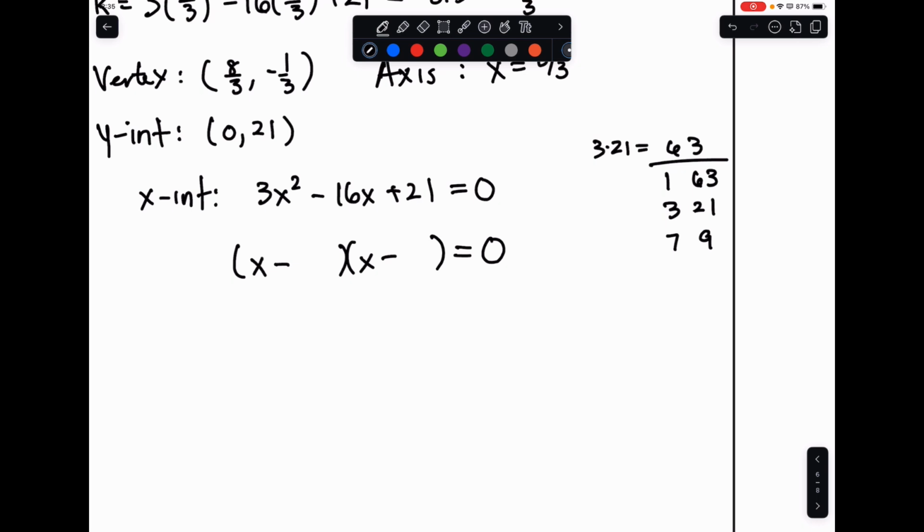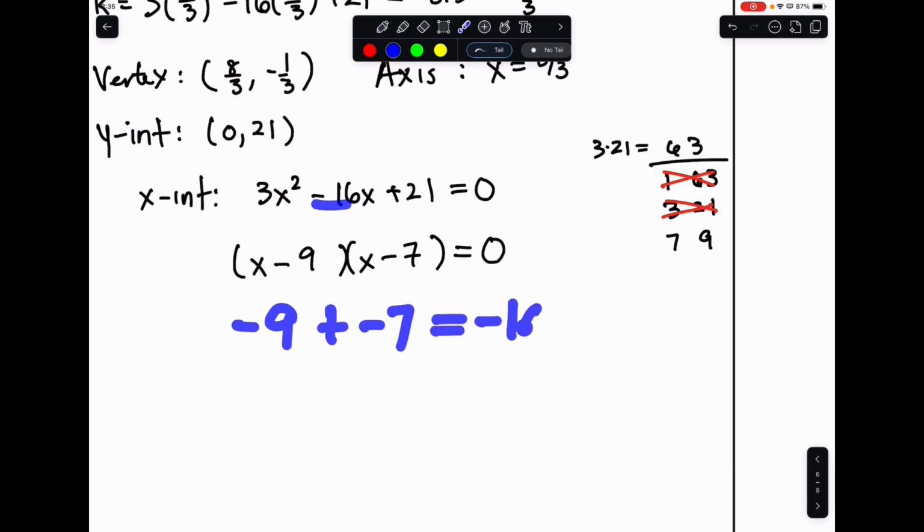From that list, the one that we're going to use is going to be the last one. This one doesn't work, and neither does this one, but the last one will. So if I use a 9 in the front, and 7 on the back, this does give me the -16 that I want in the middle. -9 plus -7 equals -16. So that's the combination I want to use.